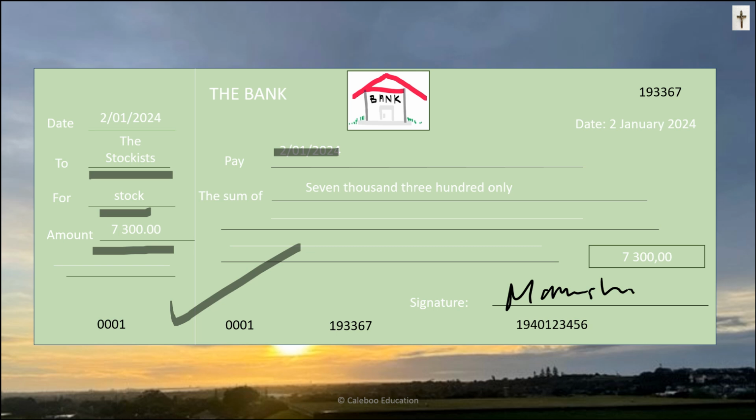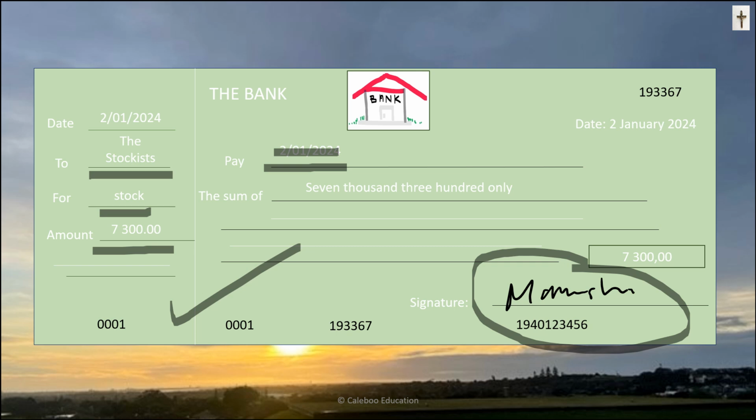What happens is this check is issued. You pay the payee. The drawer here is Mama Marushka. She has signing power.